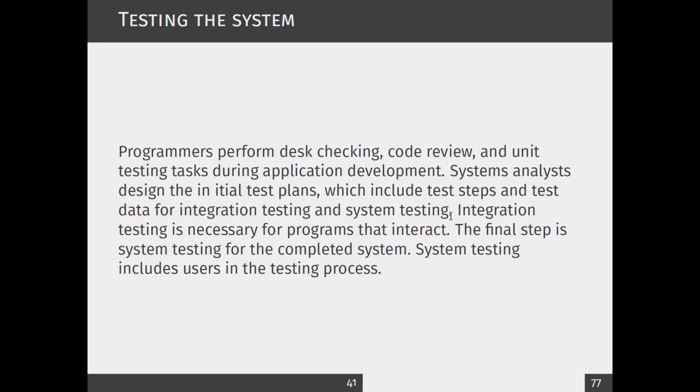Usually, unit testing happens first, but integration testing is how you handle several modules together. Integration is necessary for the programs. The final step is system testing for the completed system.